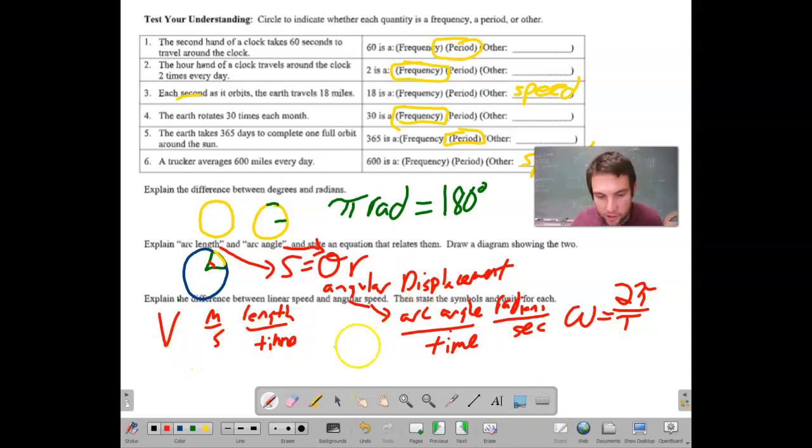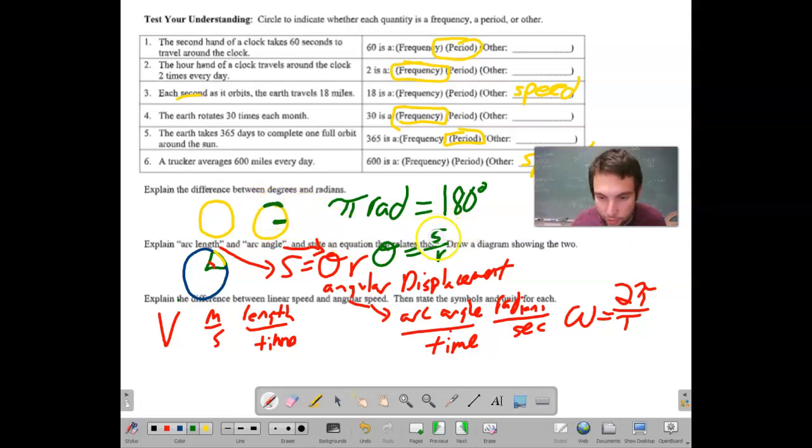So what is the relationship between V and theta? Well, let's look at this equation here. I'm going to rearrange this and solve for my angular displacement. So my angular displacement is S over R. S is just the linear displacement, divided by my radius. It's a length put around a circle.